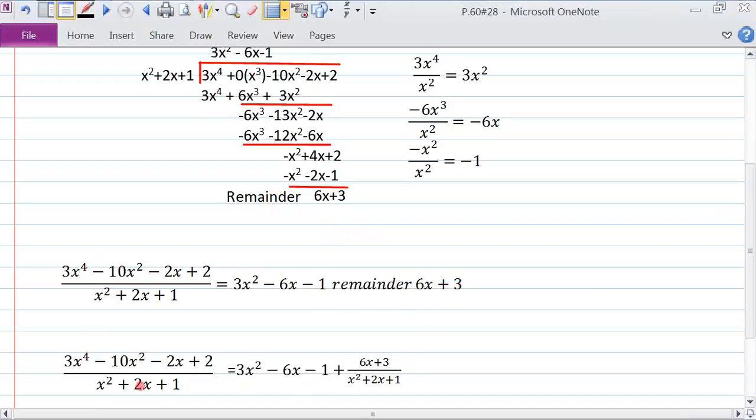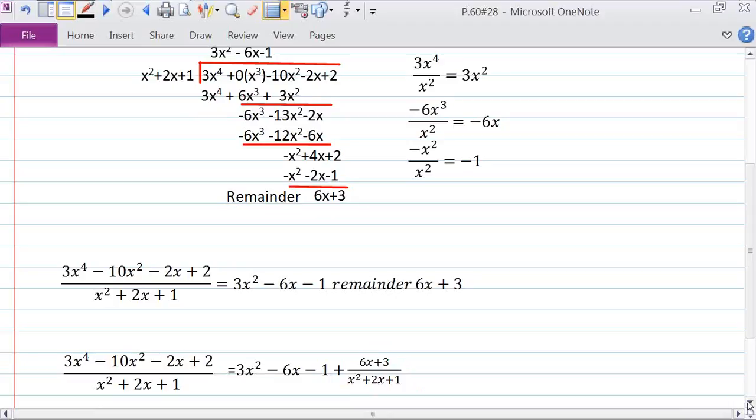And so we can rewrite this. There's another way we could write it like this. So this stays the same, this stays the same, and we can then write the remainder as 6x plus 3 over, okay, the divisor right here.